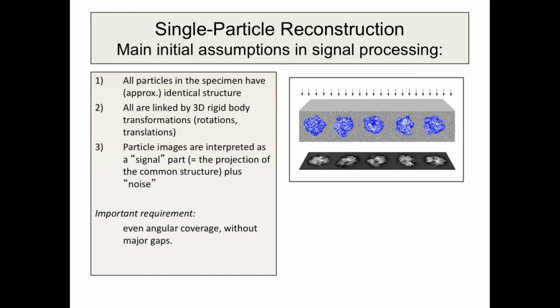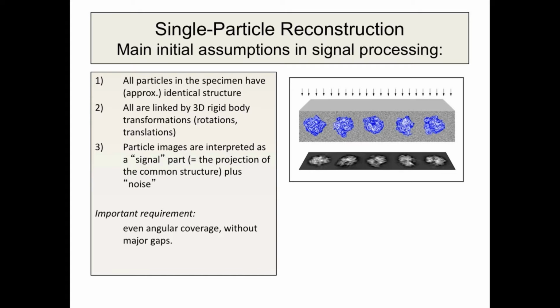So in terms of signal processing assumptions, we have the following assumptions. All particles in the specimen have approximately the identical structure, and all are linked by three-dimensional rigid body transformations. It's rotations, translations in 3D space. So mathematically, we can simply model it in this way in order to relate one projection to the other.